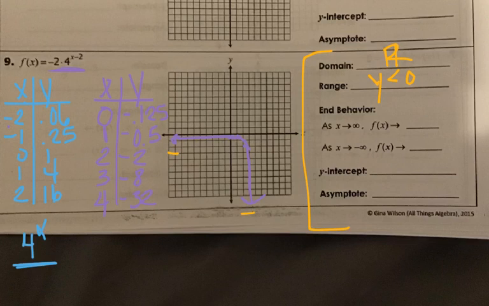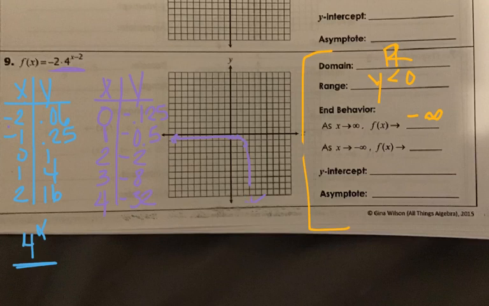Now, our end behavior, we're going to be looking at as x approaches positive infinity first. So what is happening to our y value as x approaches positive infinity? It's going down, right? So that means as x approaches positive infinity, your y, or your f of x, is going to approach negative infinity because it's going down.